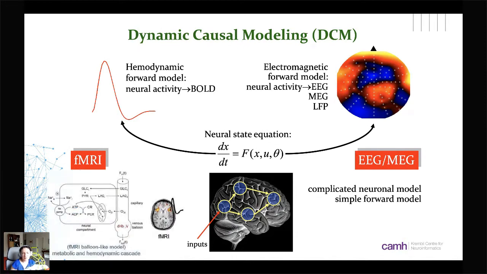So in fMRI, the hemodynamic model is highly nonlinear, and it's based on the balloon model of the bold response that was proposed by Buxton et al. in 1998. And this was an attempt to describe the hemodynamic response as a deterministic function of the dynamic cerebral blood flow change. And it has sort of three components.